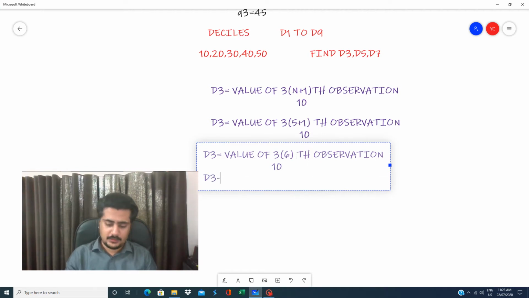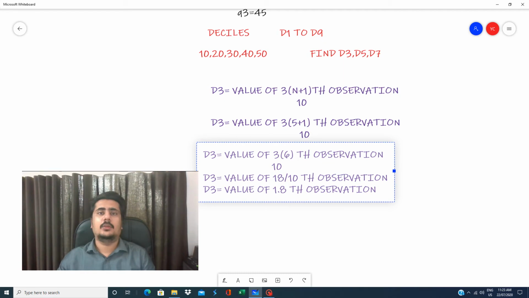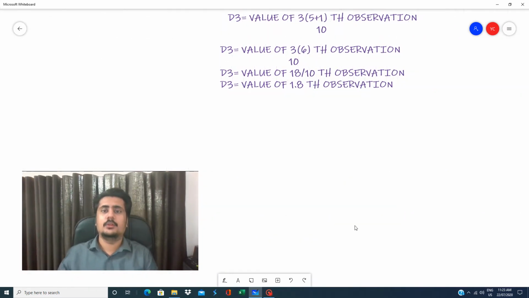So D3 is equal to value of 18 upon 10th observation, which is the value of 1.8th observation. Here, D3 is the value of 1.8th observation.